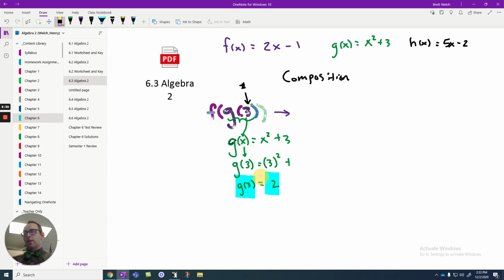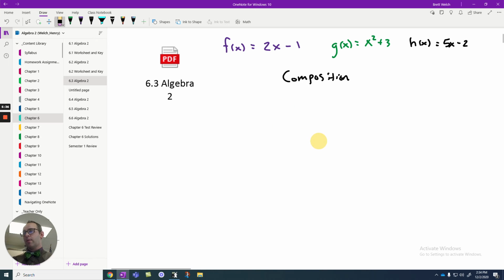Our second type is when there isn't a number, but instead we have a variable. So let me grab a different color. Let's try to do h of f of x. You notice that right down here, that's not a number.